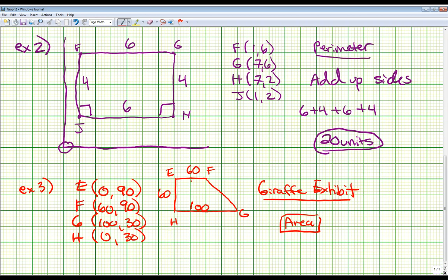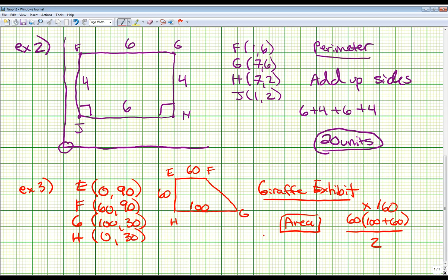So if I use my trapezoid formula, I'm going to add up my bases and multiply it by the height. So my height is 60. Then I'm going to add up 100 plus 60 in the parentheses. And then I have to divide all of that by 2. So 100 plus 60 is 160. Then I have to multiply that by 60 on the outside. And then on my calculator, I can take all of that and divide by 2.